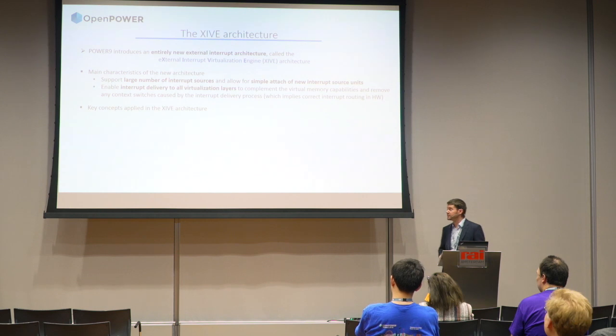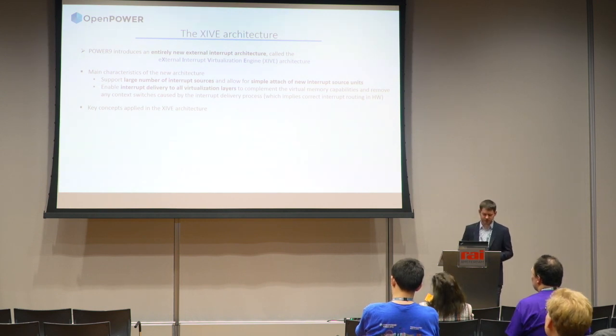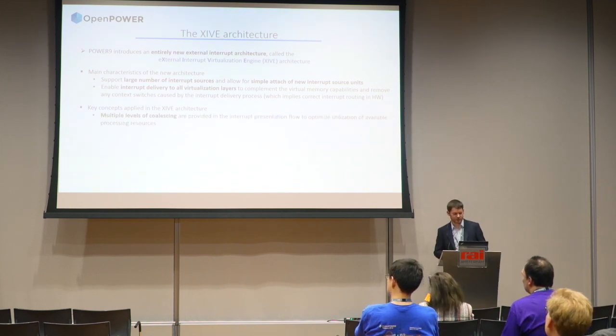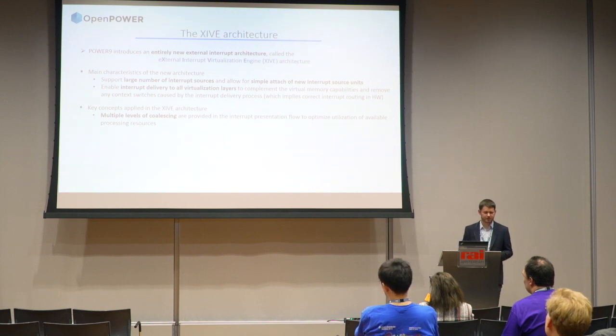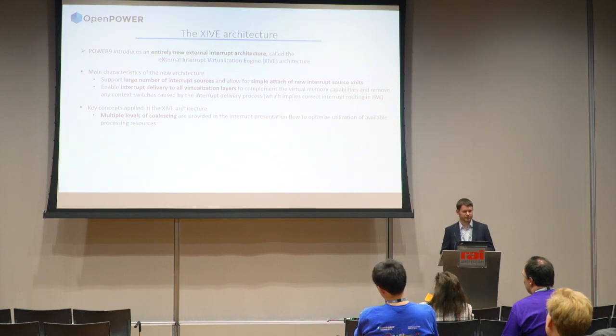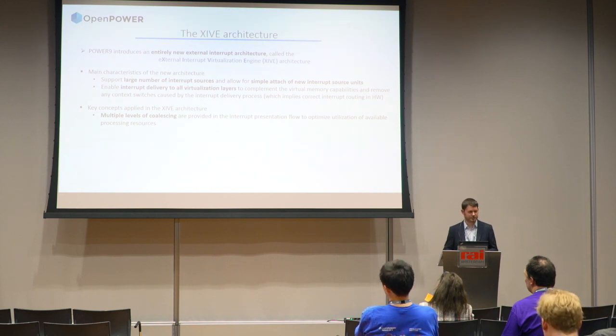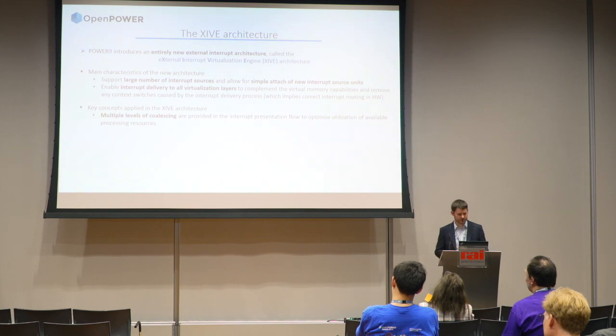Some key concepts that we introduced for the XIVE architecture were, on the one hand, multiple levels of coalescing. You have configuration freedom so that you can coalesce the interrupt presentation in a lot of places, optimize the available processing resources, and minimize the context switches needed for serving the interrupts.